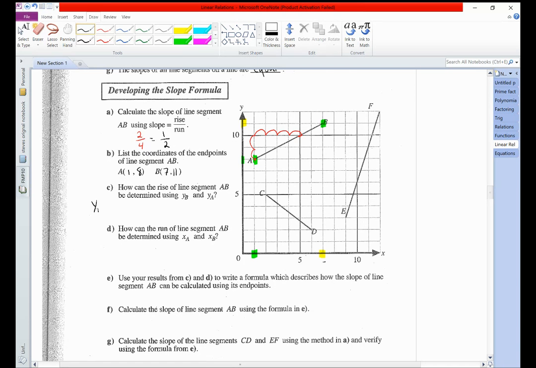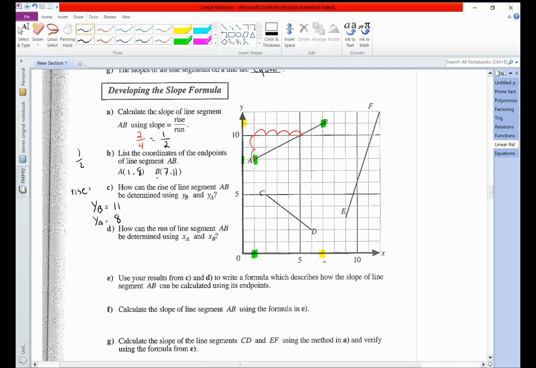How can the rise of the line segment AB be determined using yB and yA? Well, yB is 11. That's the y coordinate of point B. And the y coordinate of point A is 8. And I know that our rise over run is 1/2.